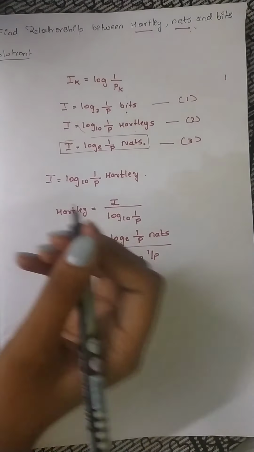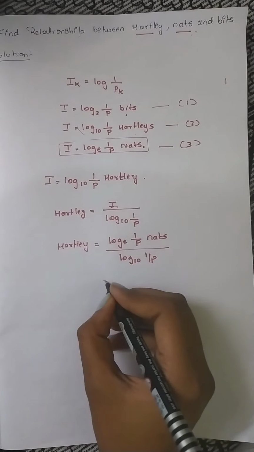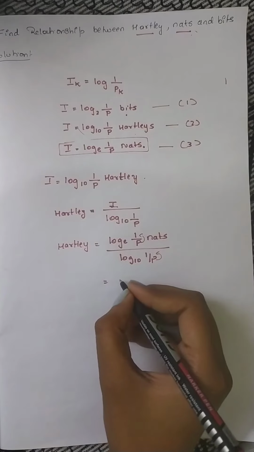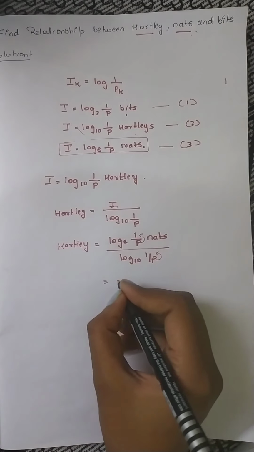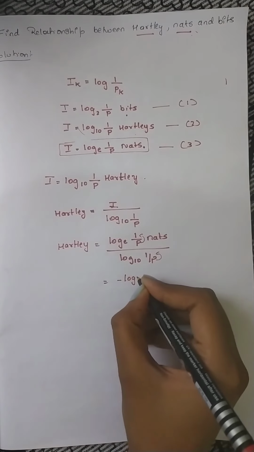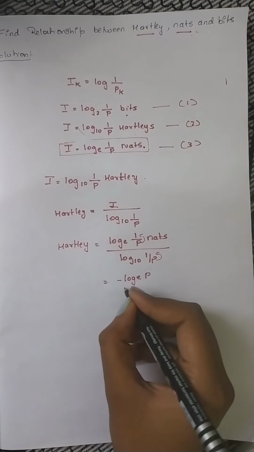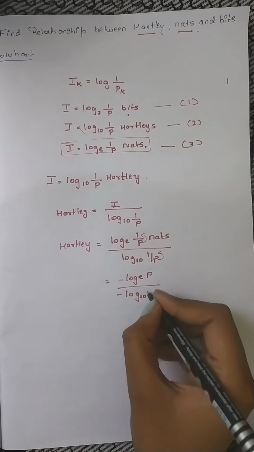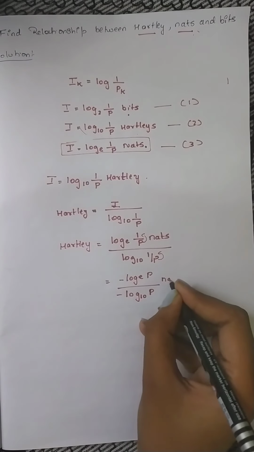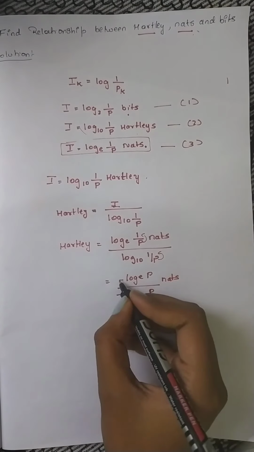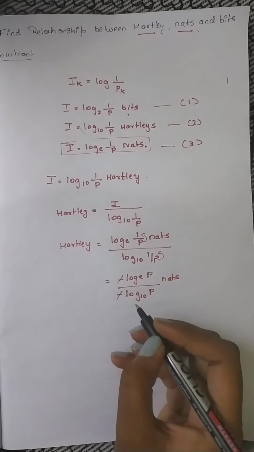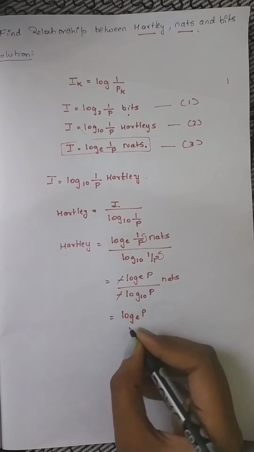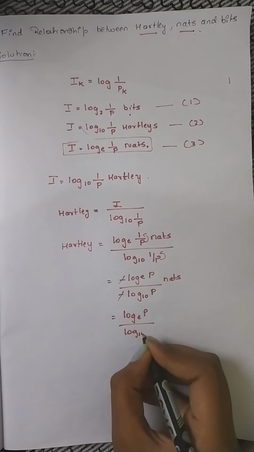Now what I will do is bring this p up. So I can write it as minus log e p divided by minus log to the base 10 p, nats. So this negative gets cancelled, and what remains is log to the base e of p divided by log to the base 10 of p, nats.